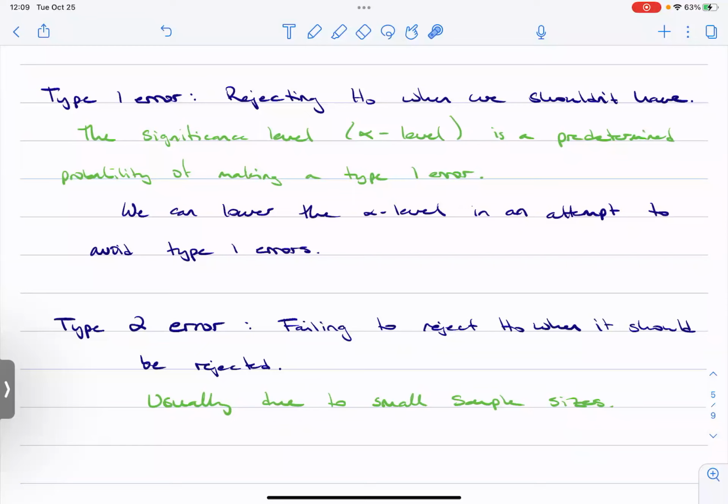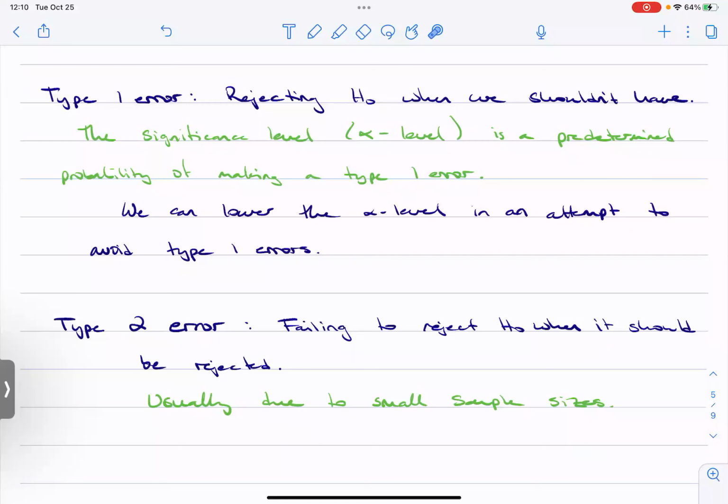What does making a type 1 error mean here? It means that we said that the proportion of students who say they don't get enough sleep is significantly different from 50% when it's not. Oh my gosh, call the authorities, right? So that's what it would mean. That's not life or death, right? Our conclusion here.